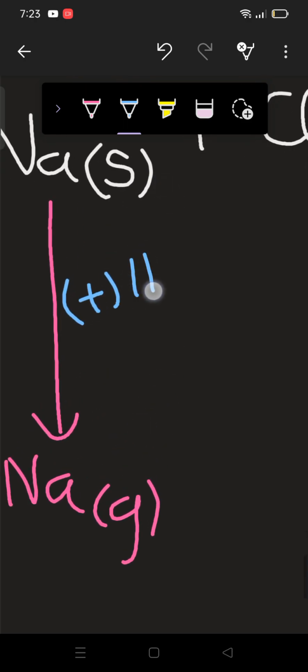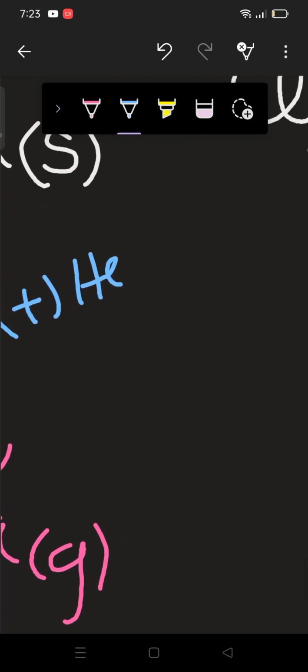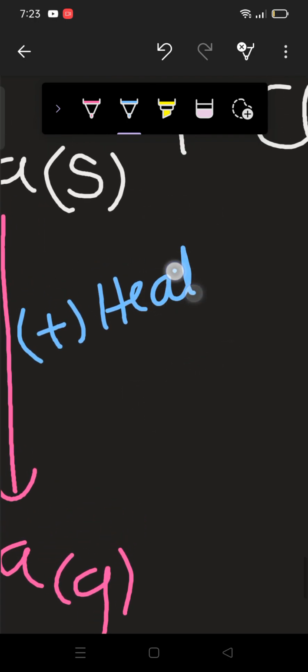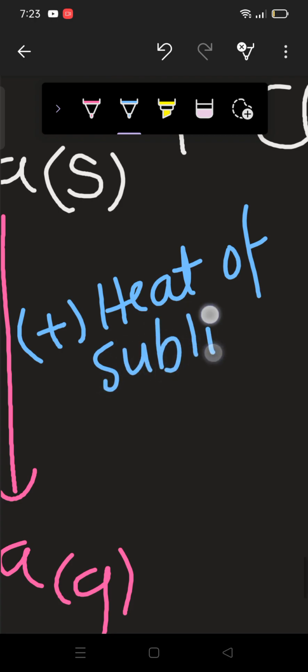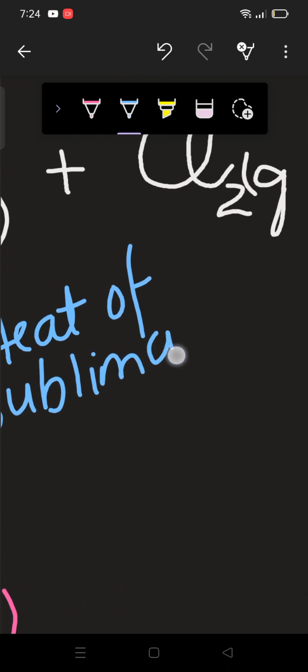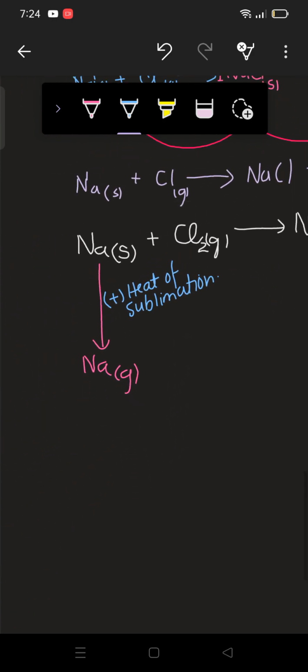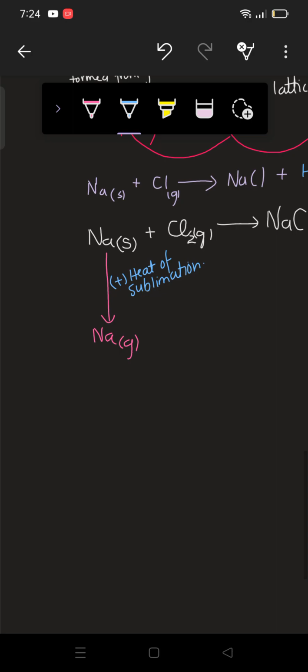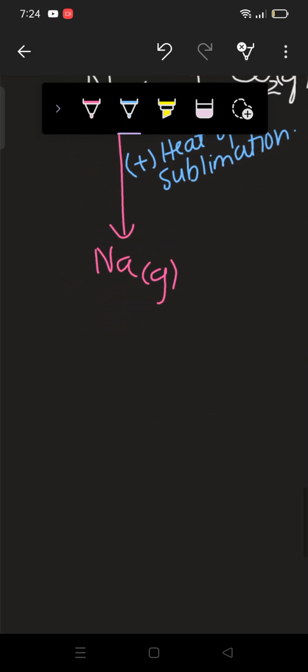Heat of sublimation, or energy of sublimation, because we know that when solid directly converts into gaseous, that process is what we call sublimation. So here solid is directly converted into gaseous, so we need to provide the heat of sublimation here.